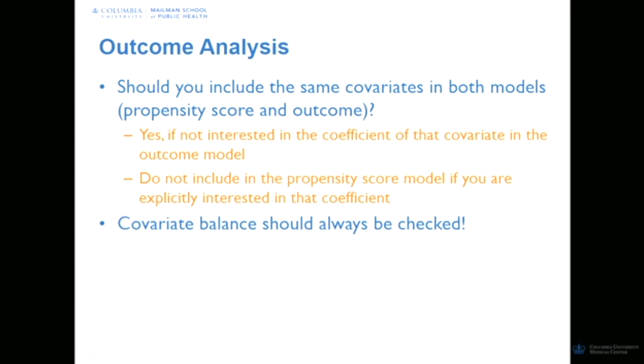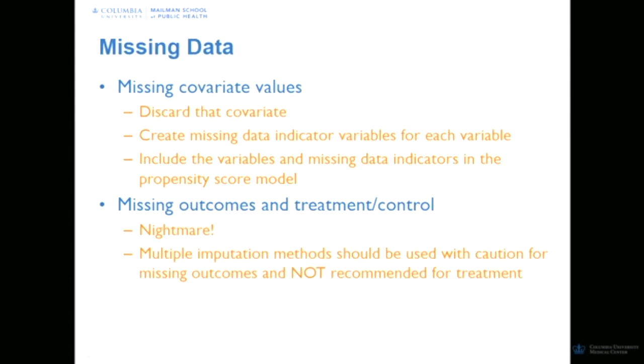Last thought before the example is, do not forget to check for covariate imbalance. Oh, I'm sorry, forgot about the missing data. Very, very important. Missing data will come up at some point, and there are two different issues: missing data in the covariate or missing data in the outcome and treatment.